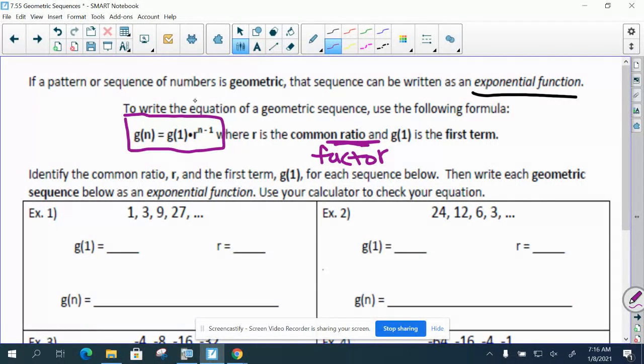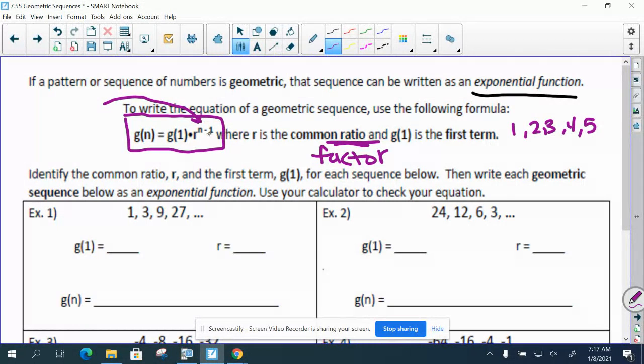And g of 1 is the first term. The only thing you really have to remember is this n minus 1. So instead of just x, it's n minus 1. The reason is that with sequences you don't start with 0, you start with 1. So you go 1, 2, 3, 4, 5, whereas for a regular function, your first term is when x is equal to 0, like your y-intercept.